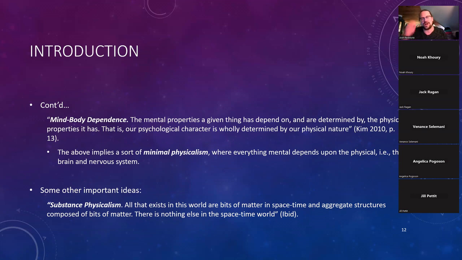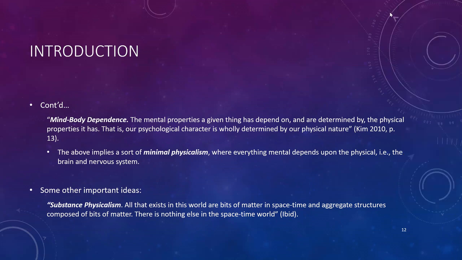Again, don't get too hung up on epiphenomenalism right now, because we will be spending quite a bit of time talking about it as the course goes on. But this also may entail something like mind-body dependence, which Kim formulates like this. He says the mental properties a given thing has depend on and are determined by the physical properties it has. That is, our psychological character is wholly determined by our physical nature.